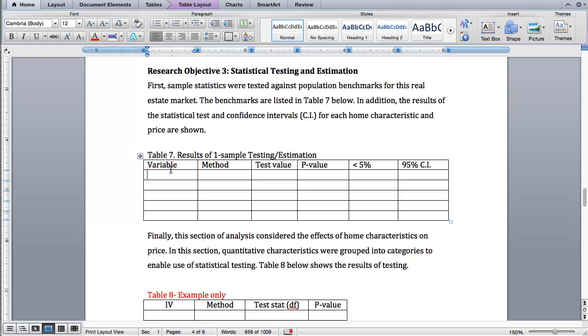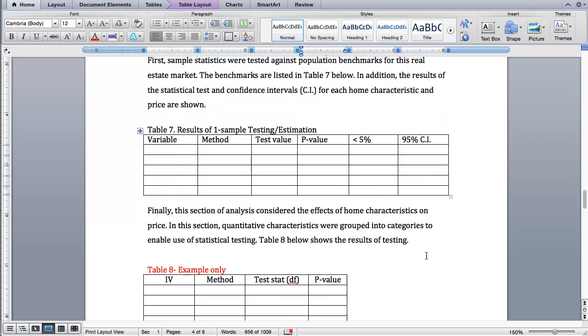And we're comparing our sample data to those benchmarks, reporting our test value, which is the benchmark given, and then the p-value that we obtained from our test. So what we're trying to show here is that our sample compares pretty favorably to those benchmarks.